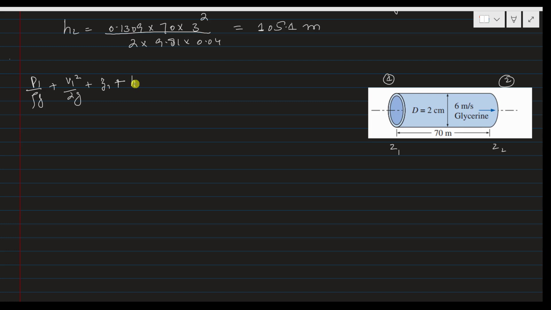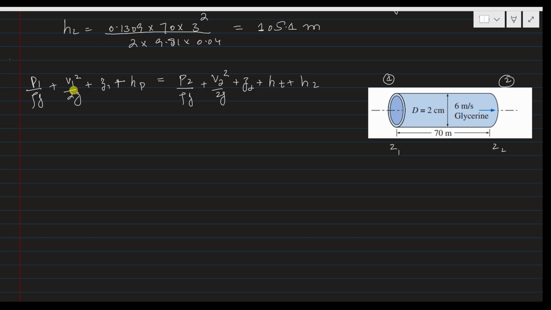So then the head of the pump, if it is provided, is equal to, on the outlet side, the pressure head P2 divided by rho g, plus V2 square divided by 2g, plus Z2, plus head of the turbine if there is one, then head loss.